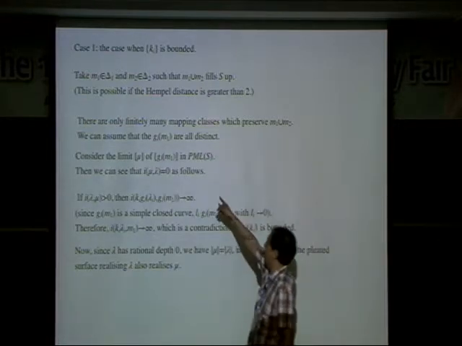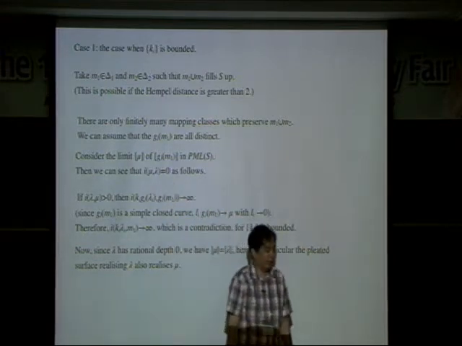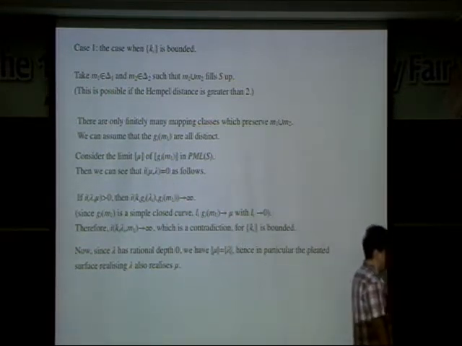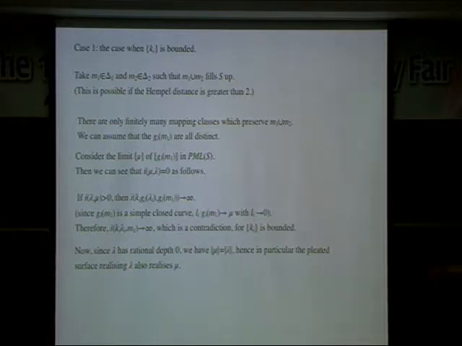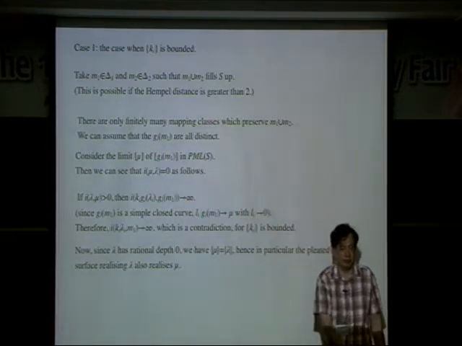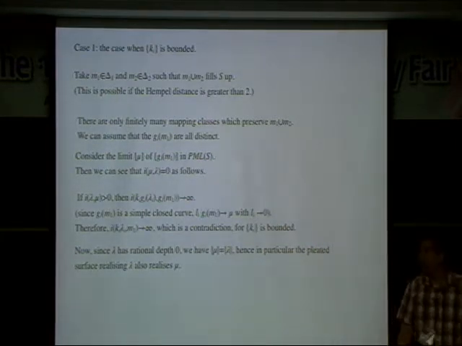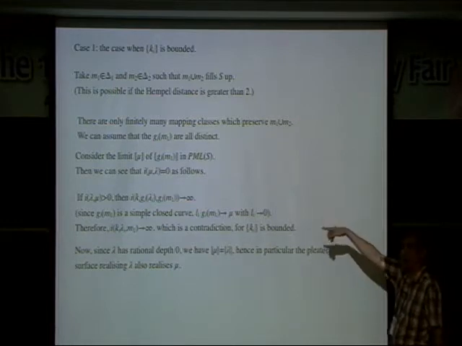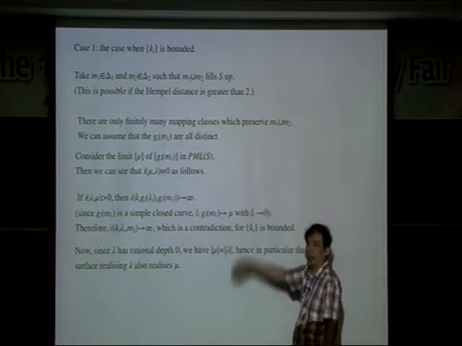And we consider the limit of the g_i M1 in the projective measure lamination space. Because projective measure lamination space is compact, if you take a subsequence, it converges to some lamination. We use the symbol mu to denote that limit.